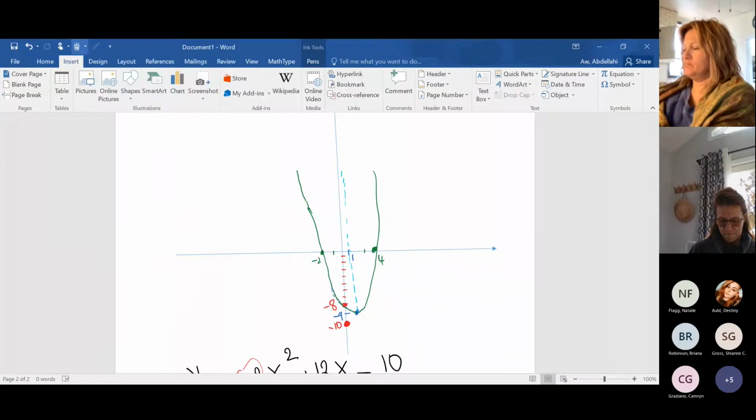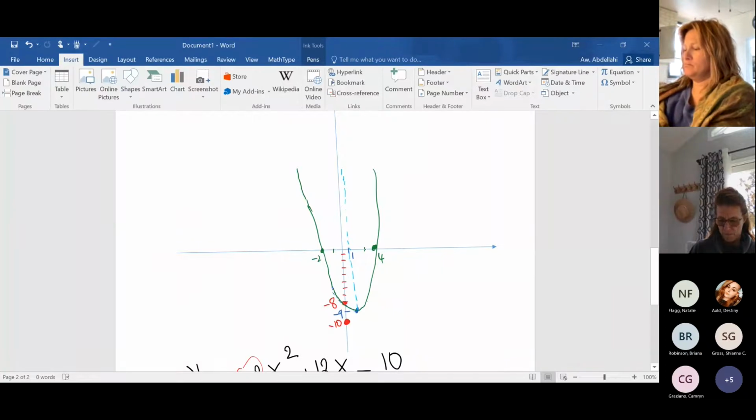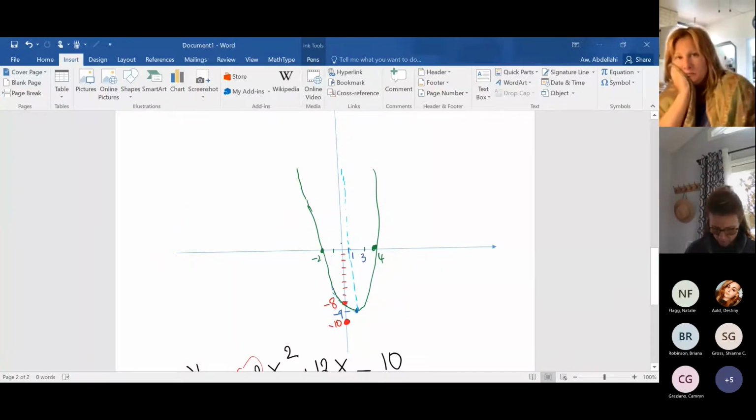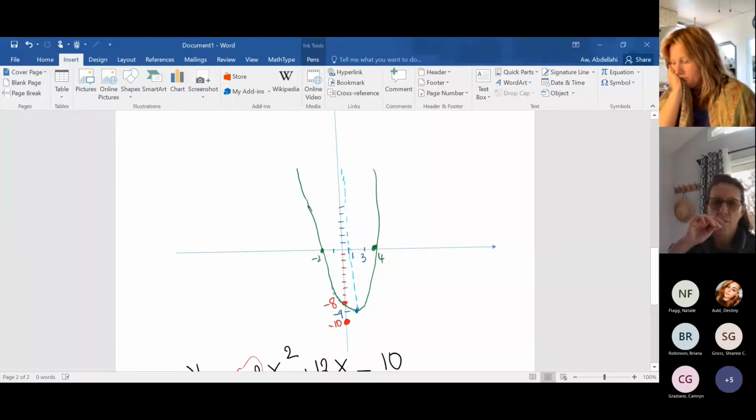I have 1, 2, 3, and then 8: 1, 2, 3, 4, 5, 6, 7, 8. So that is the vertex. Probably my parabola will do something like that, right?